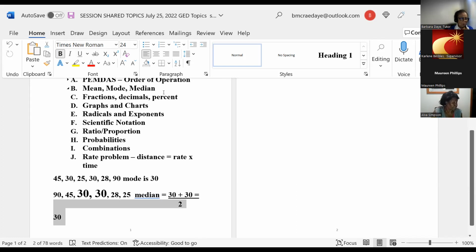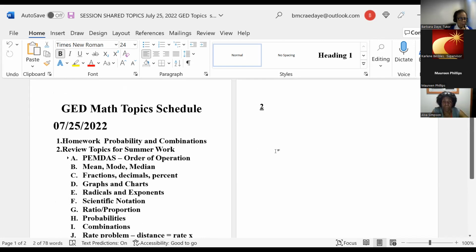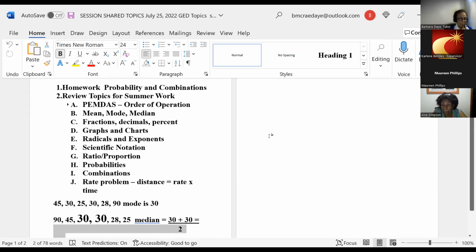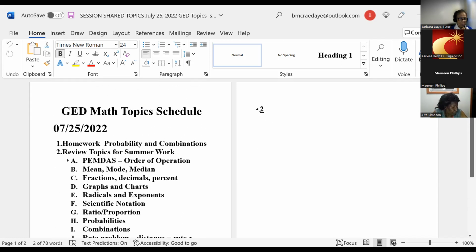So mean, mode, median, you'd have some problems on that. Fractions, you know the difference in a fraction, decimal, and percent? Let me just give you a fraction. 1/4. Maureen, what is that equal to as a decimal?